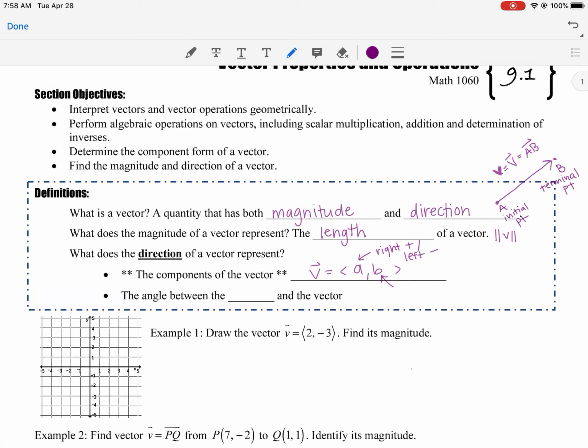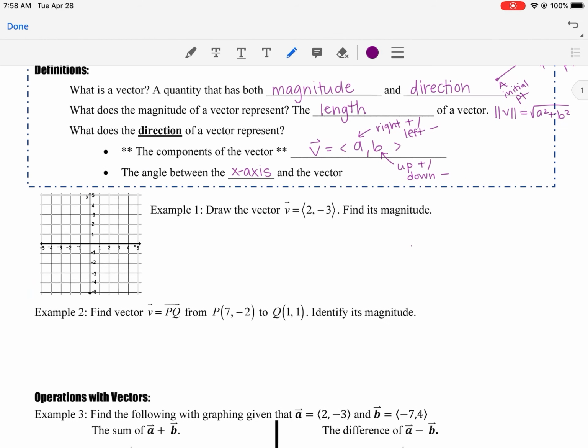The b value represents if you're going up or down, and how many spaces. That's where the magnitude being the square root of a squared plus b squared comes from. Another way to think about direction is the angle between the positive x-axis and the vector.